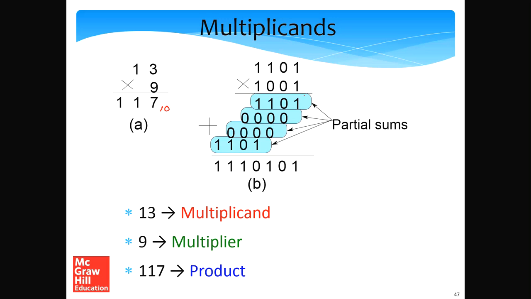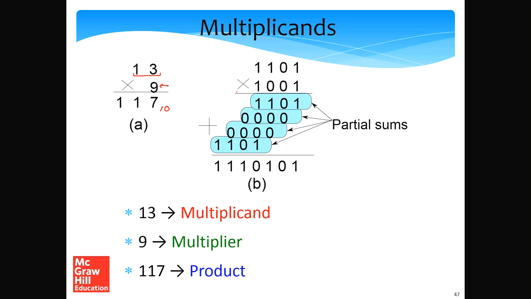So before looking at the multiplication, let's define some terminology. The number that we write on top, it's a matter of tradition, is called the multiplicand, and the number that we are writing at the bottom, which in this case is 9, is called the multiplier. Of course the multiplicand and multiplier are symmetric terms, but one of the numbers has to be called one or the other.